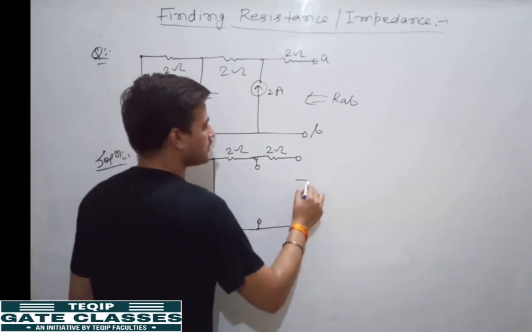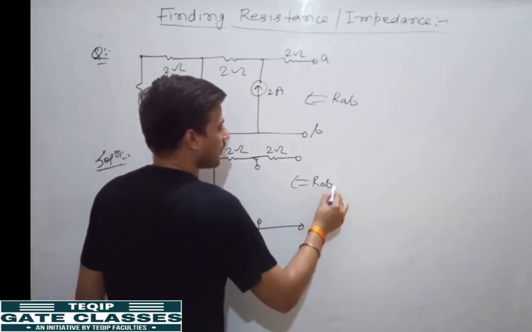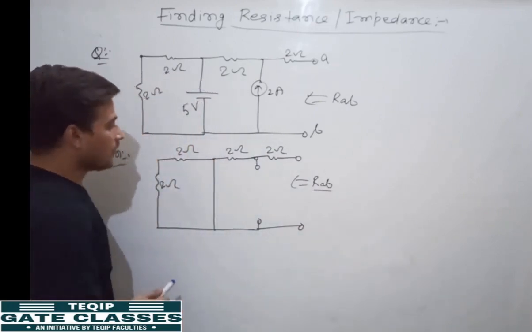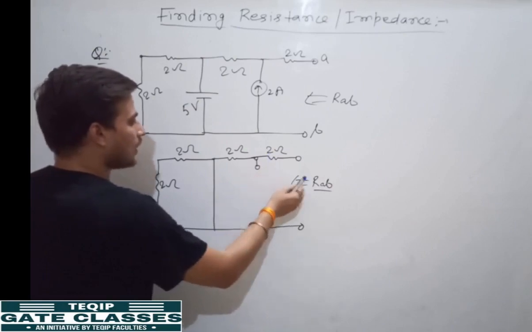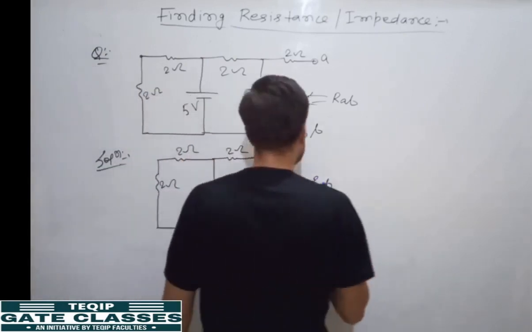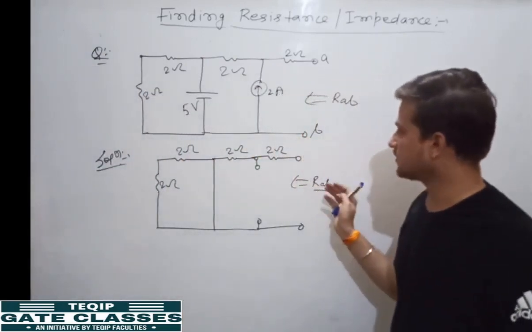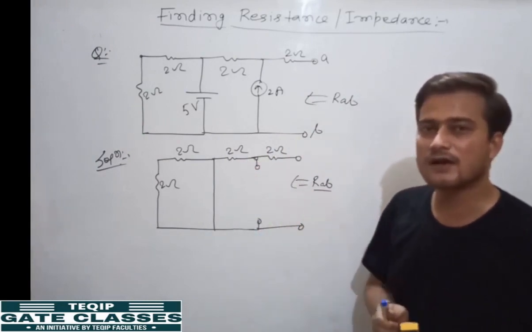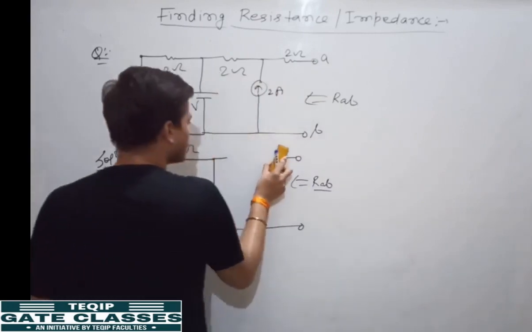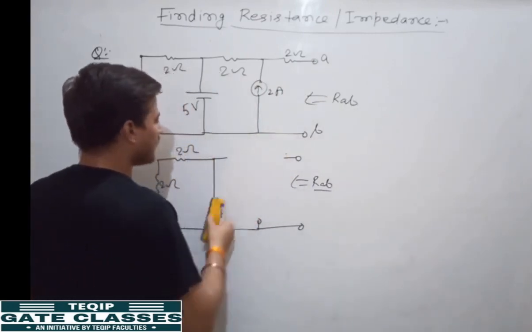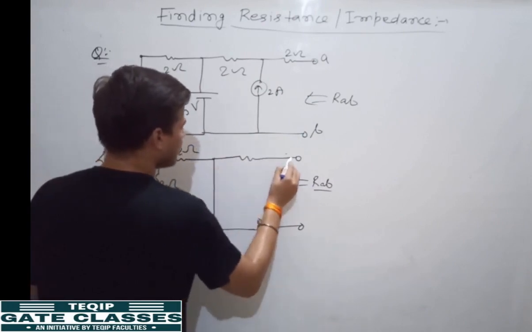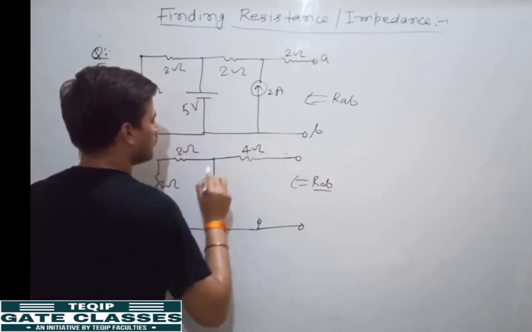Now you have to write R_AB. How will you write R_AB? See here carefully. You are looking through this terminal. 2 ohm resistance, 2 ohm resistance. These two are connected in series, so you can replace them by a single resistor, 4 ohm.